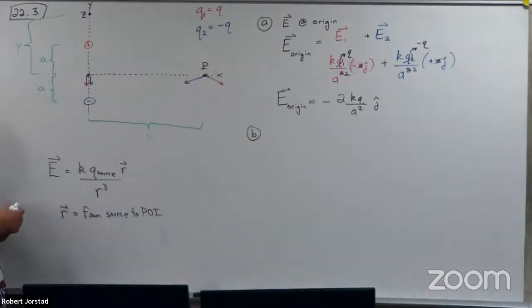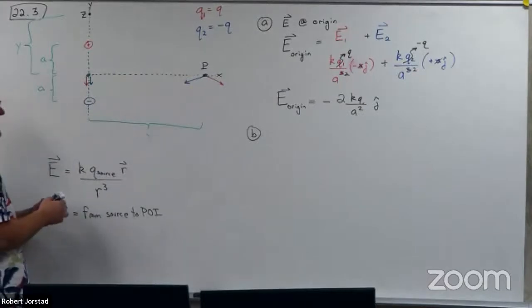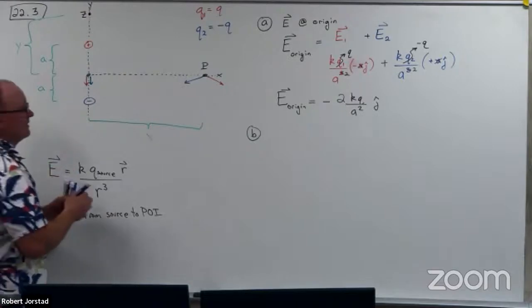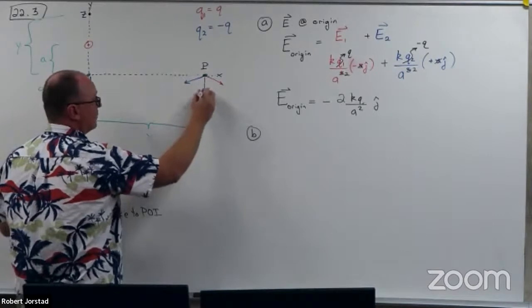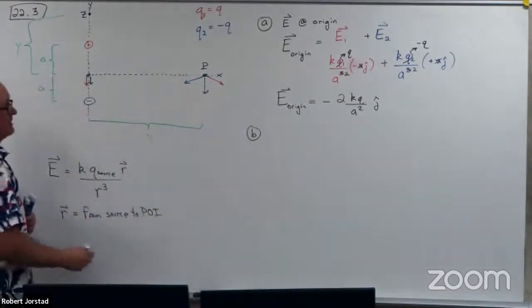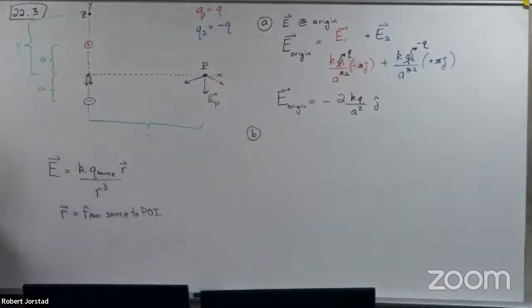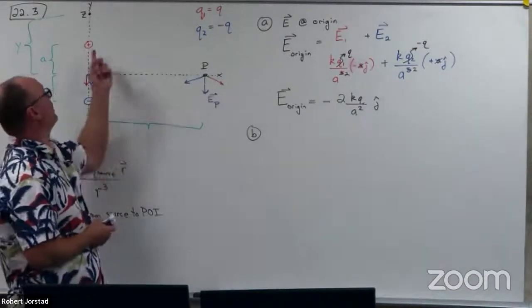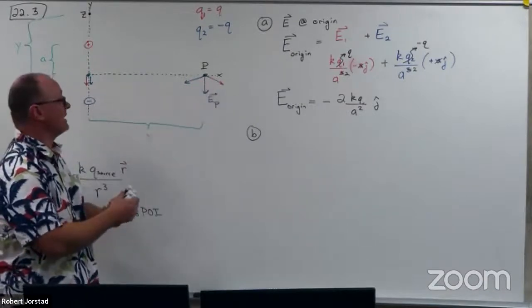Notice we expect the i hat parts to drop out. So in this case, we expect the electric field at P net to point that way. What I could do is get the electric field from either 1 or 2, get the y component and double it. So let's do that.